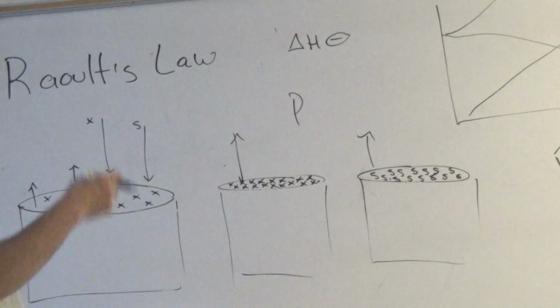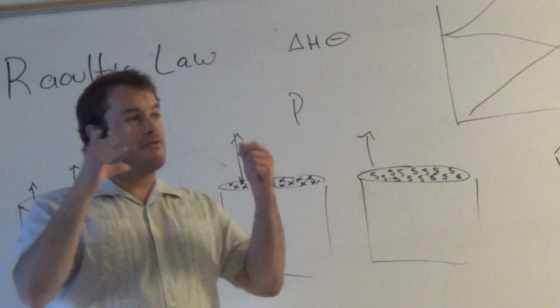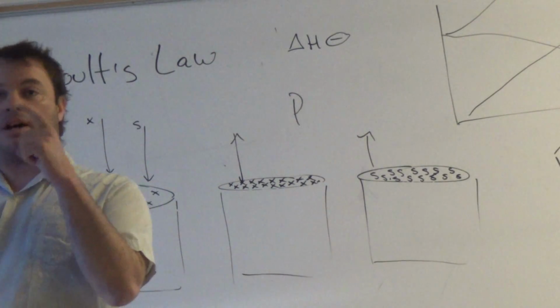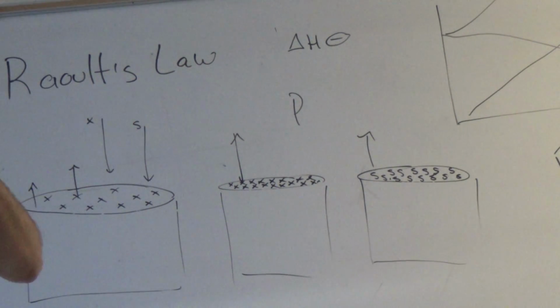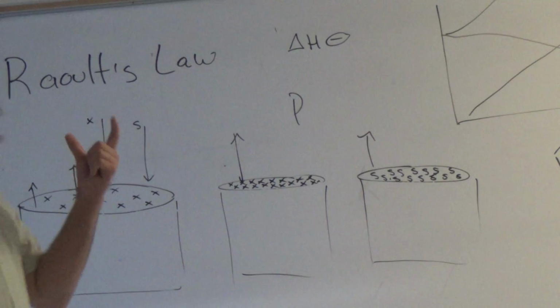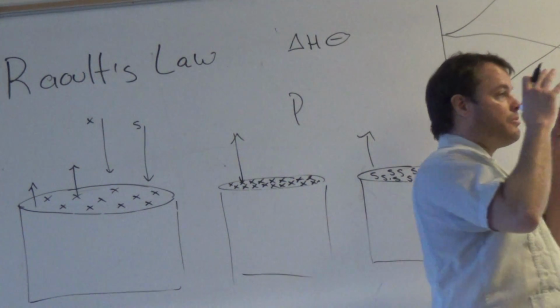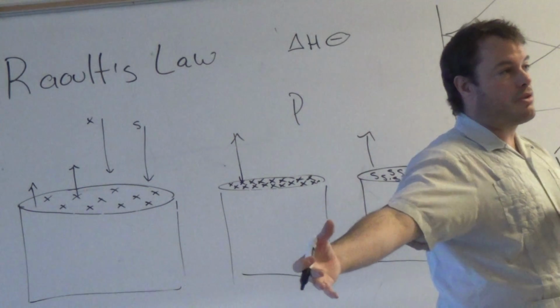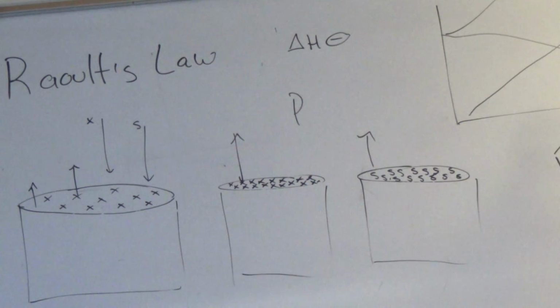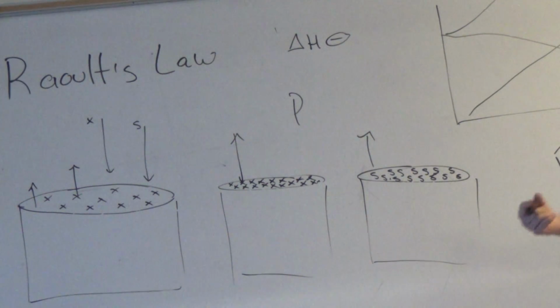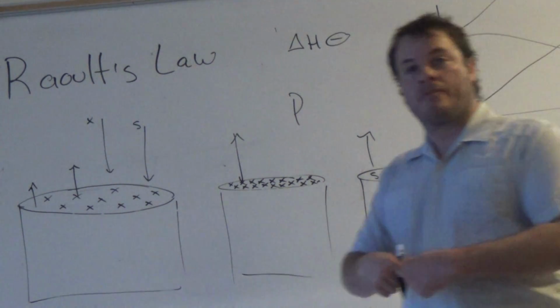When the interactions of the salt with the salt are stronger than the interactions of the salt with the solvent, moving from the solid to the solvated phase ends up requiring an input of energy.